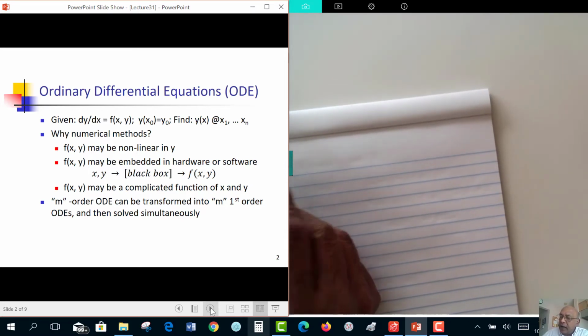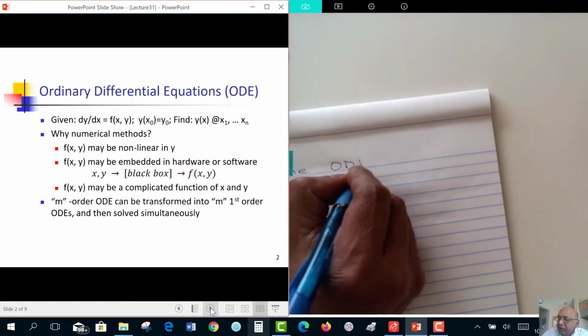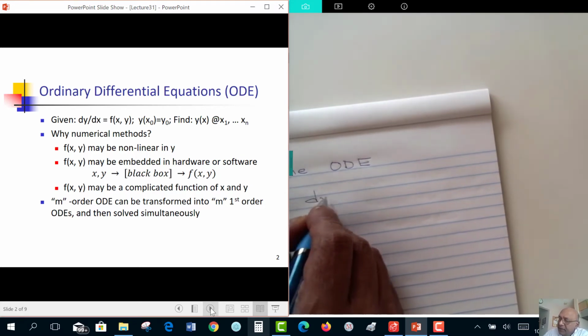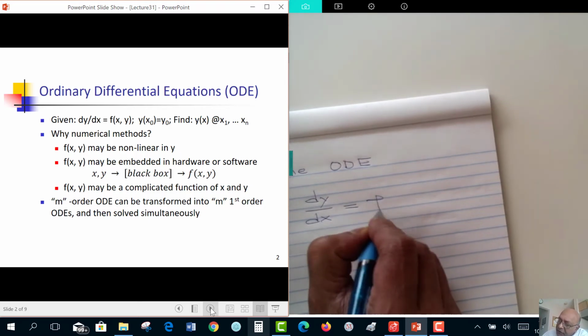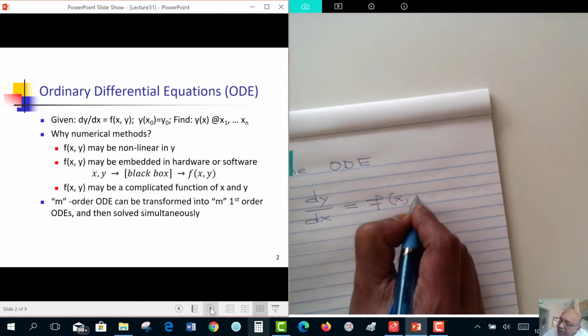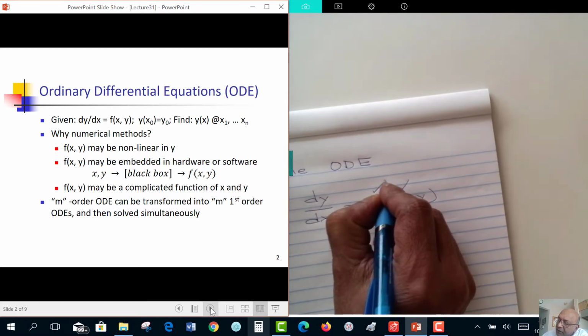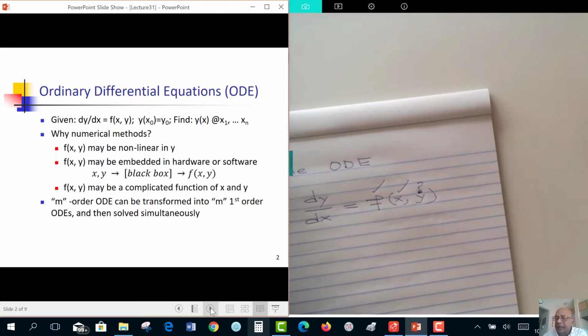So we write our one ordinary differential equation, and we write it in this form: dy/dx is a function of x, y. So we know x, we know the function, we want to find y. That's our goal.